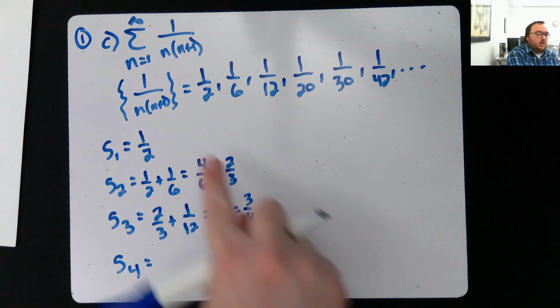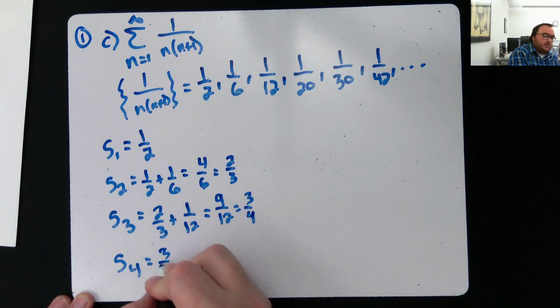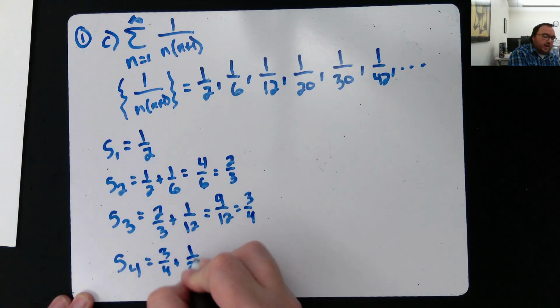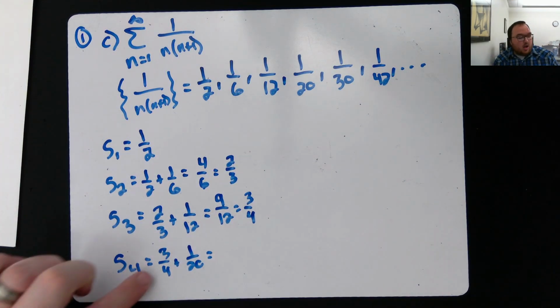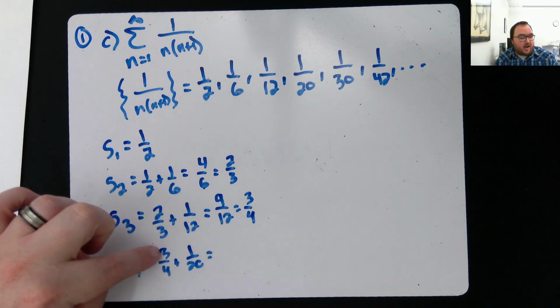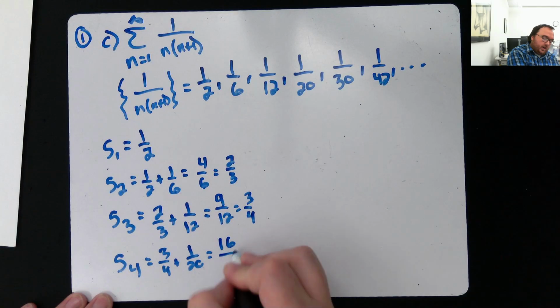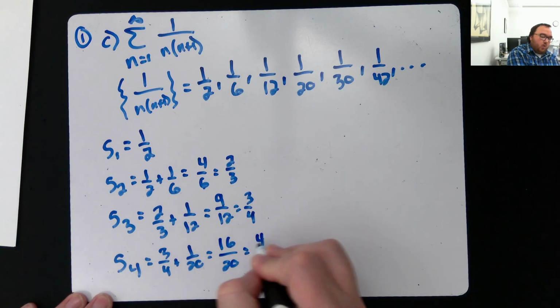My fourth one is the sum of my first four terms. I know the sum of my first three terms is 3/4. So now add 1 over 20. The common denominator there is 20, so I need to times this by a 5. 5 times 3 is 15, plus 1 is 16 over 20, which reduces down to 4/5.